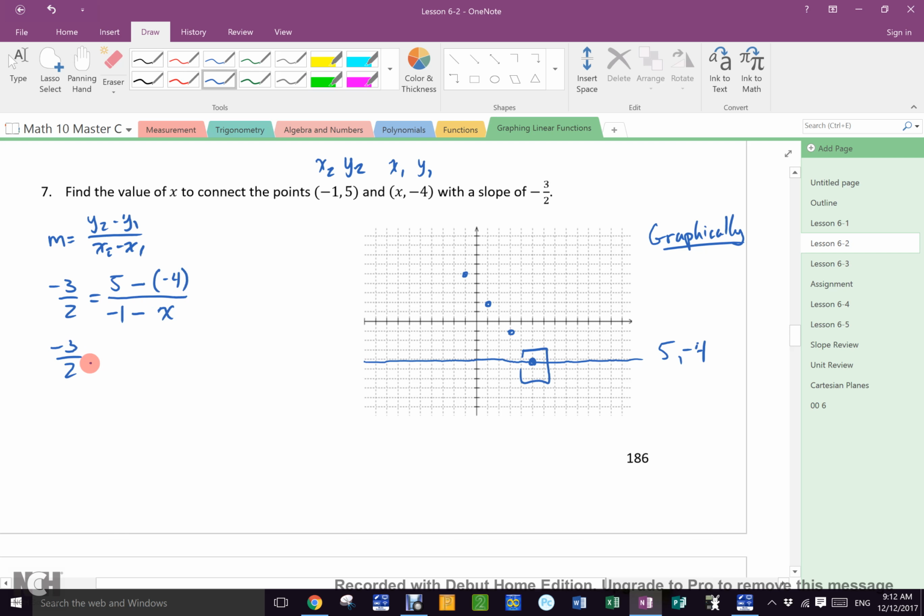Negative 3 over 2 equals, what is 5 minus 4? 9 over negative 1 minus x, correct? Now what do we do? Cross multiply. What's 2 times 9? 18 equals, what is negative 3 times negative 1? Positive 3. And what is negative 3 times negative x?